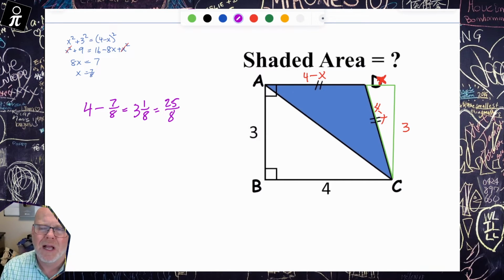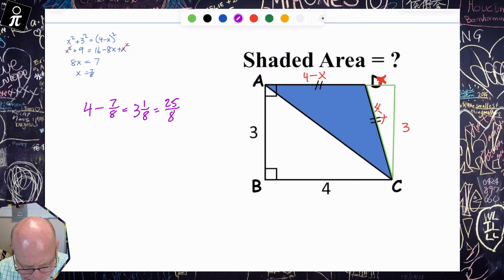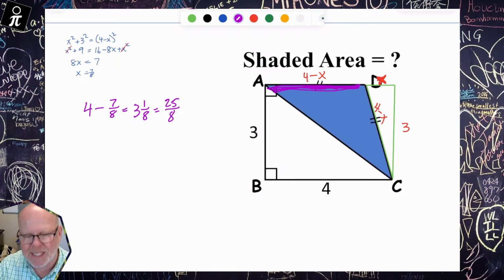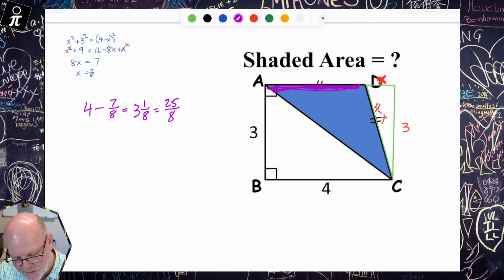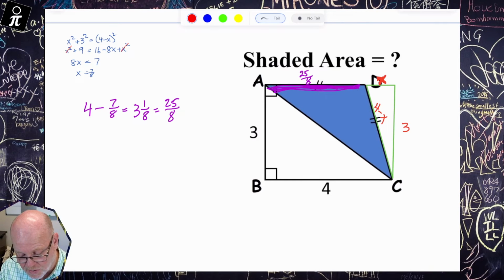That makes our life a little bit easier. So now I know that this blue triangle's base is 25/8. I'm going to replace the 4 minus x with 25/8 right here. And we know that the height of this triangle is 3.